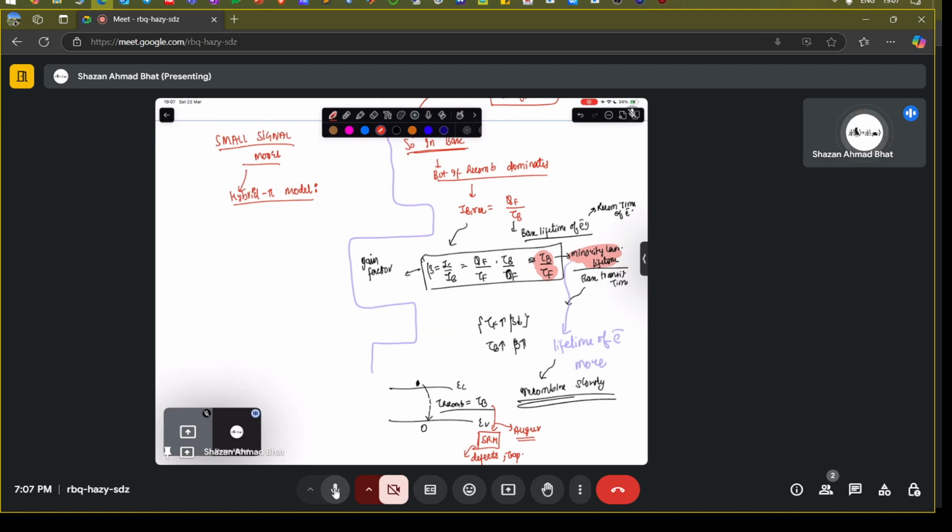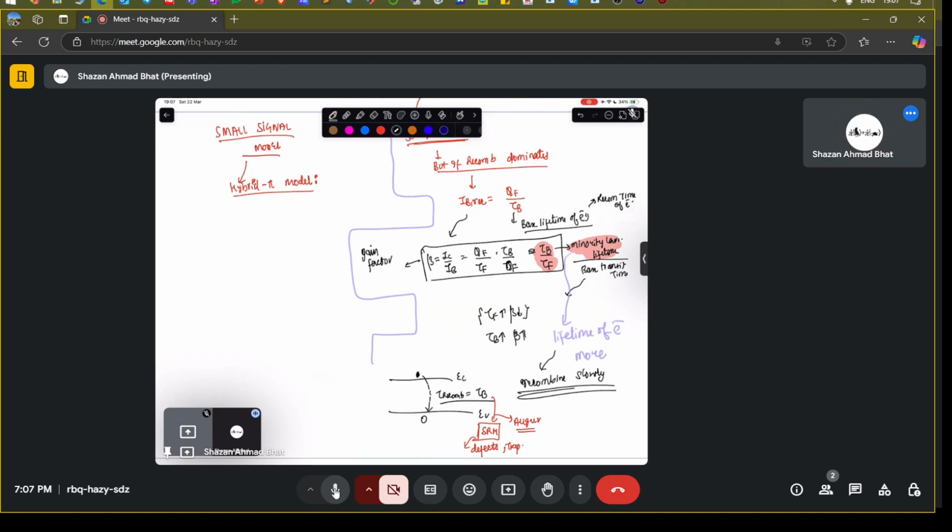So let's talk about this hybrid pi model, just to recapitulate what the Professor covered. We have the intrinsic model, which does not take into account any of the external parasitic resistances and capacitances. If we have a common emitter configuration, this is the emitter, this is the base. You have C pi, which is the base to emitter capacitance.